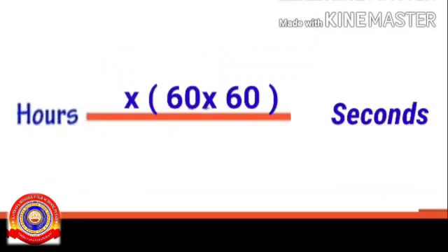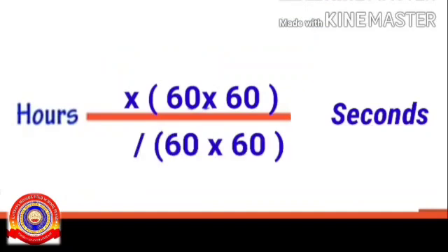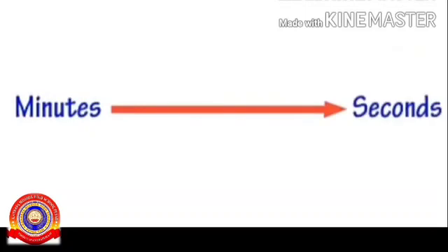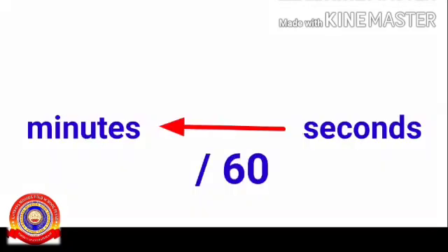So to convert hours to second, multiply 60 twice and second to hour, divide by 60 twice. Next conversion. To convert minutes to second, multiply by 60. To convert seconds to minutes, divide by 60.